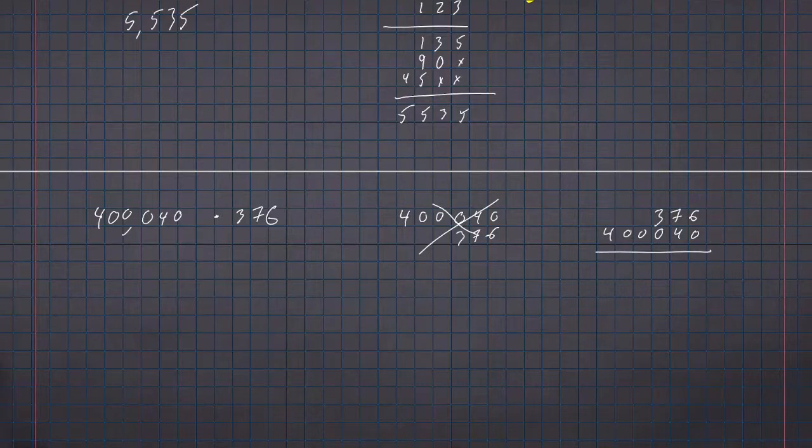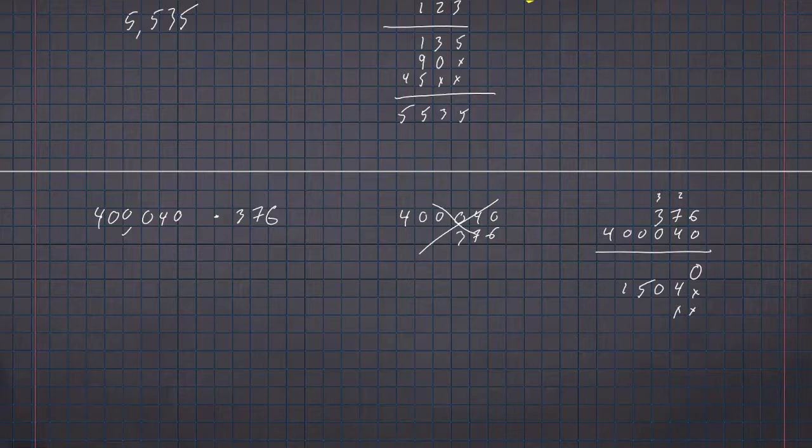Because when I multiply 0 times something, I get 0. I don't have to think about it. When I multiply 4 times 6, I get 24. When I multiply 4 times 7, I get 28 plus 2 is 30. When I multiply 4 times 3, I get 12, and I add 3 to that, and I get 15.